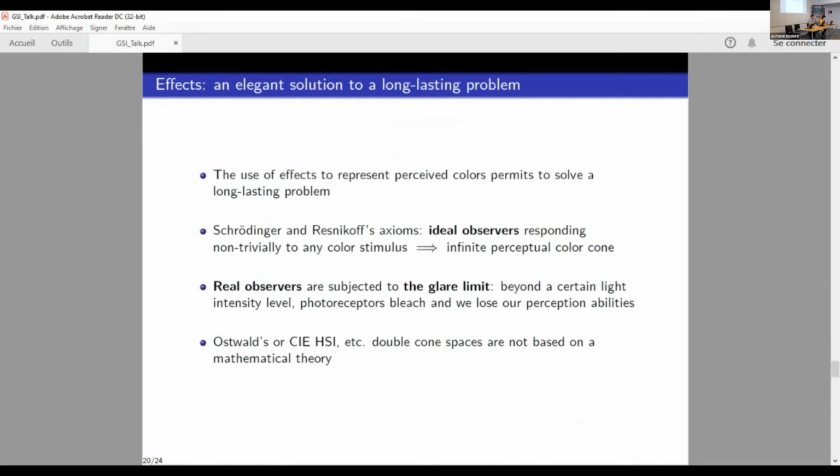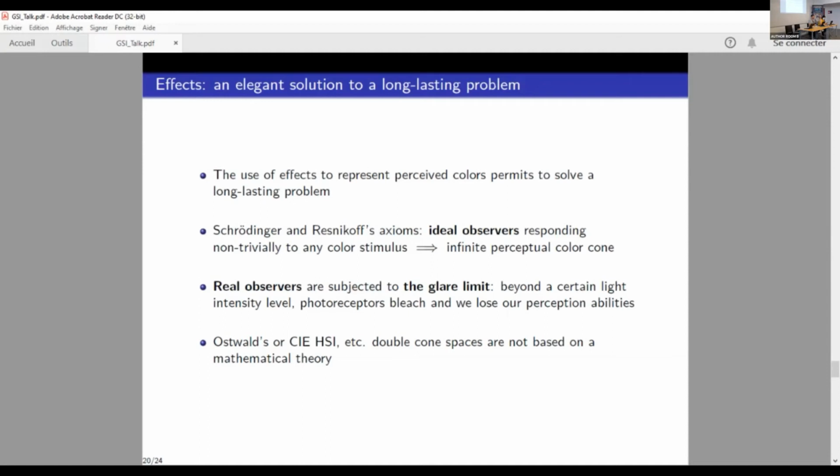Okay, so the use of effects that we have proposed, in our opinion, is an elegant solution to a long-lasting problem. That is the fact that if you consider the original infinite cone of Schrödinger and Resnikov, you are doing the modeling of so-called ideal observers that respond non-trivially to any color stimulus.